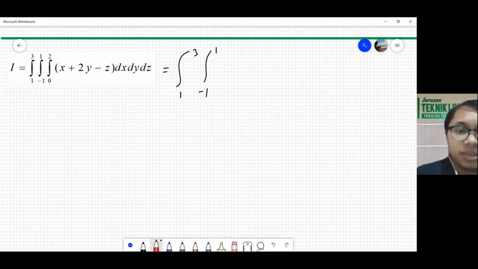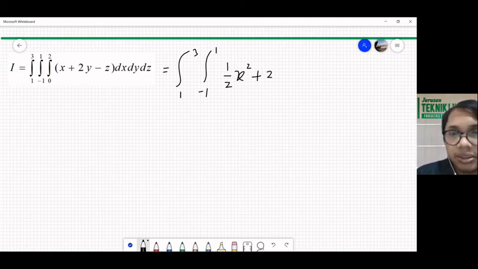Then we integrate x, so it becomes 1 to x squared plus, be careful because it's y, just write y, and we add x at the end, and z also dx.